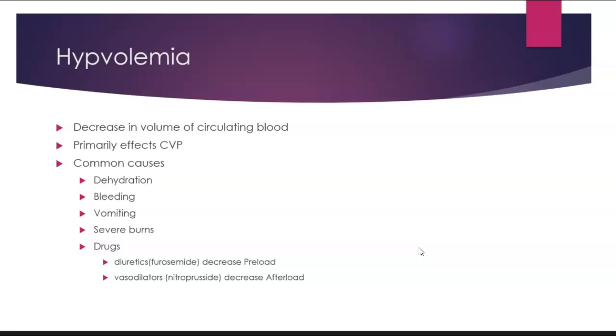It decreases your afterload because it vasodilates. It decreases the pressure on those vessels, so it makes it easier for the blood to get pumped away from the heart out into the rest of the body. So that will also decrease all of your pressures across the board.